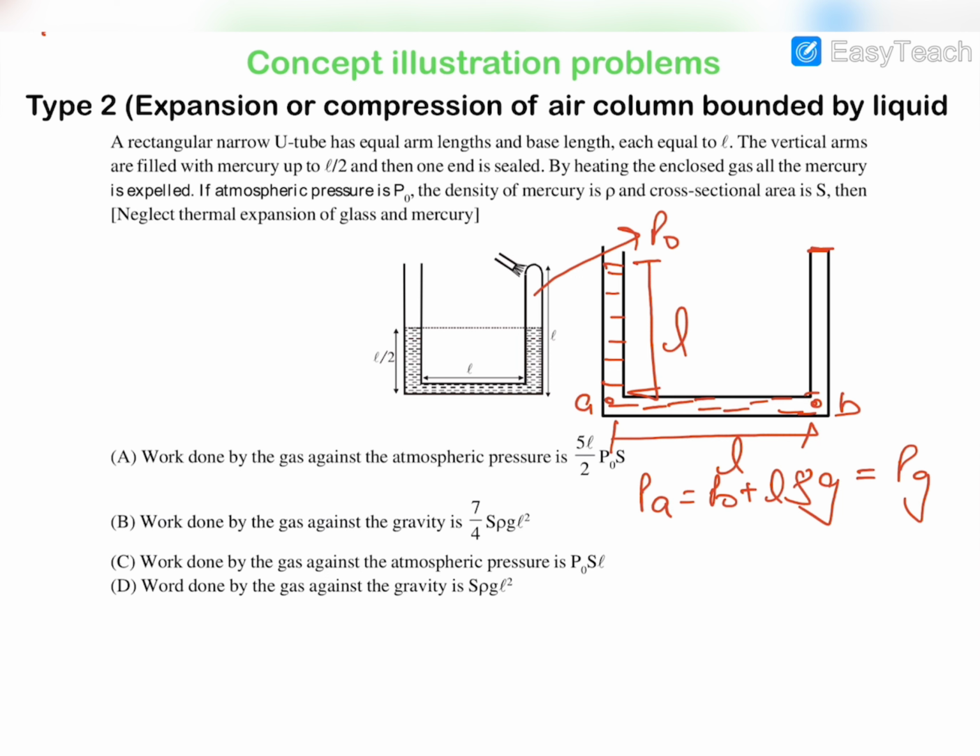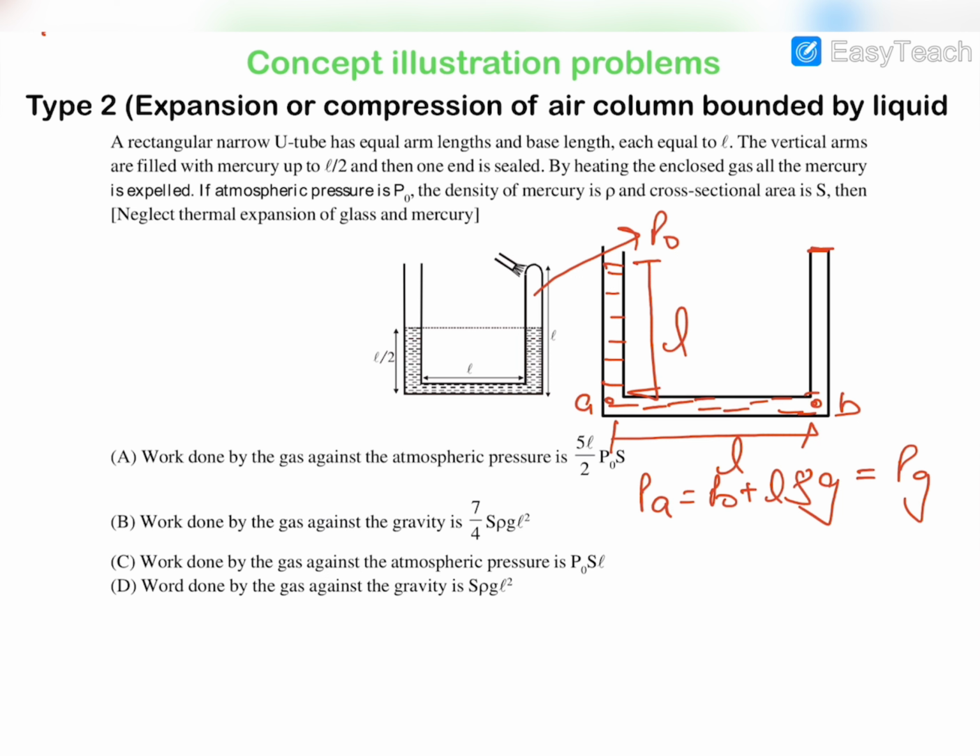So this is not an isobaric process. Obviously this is not an isochoric process, and it is also evident that if you find the pressure into volume at any instant of time, P into V will be different at different instants, which means that it is neither an isothermal process.